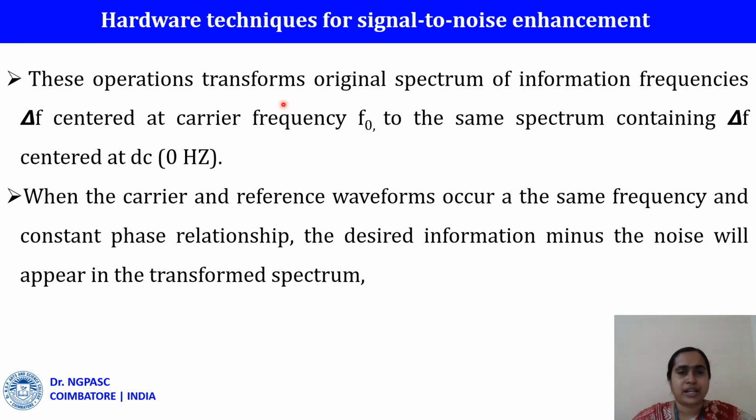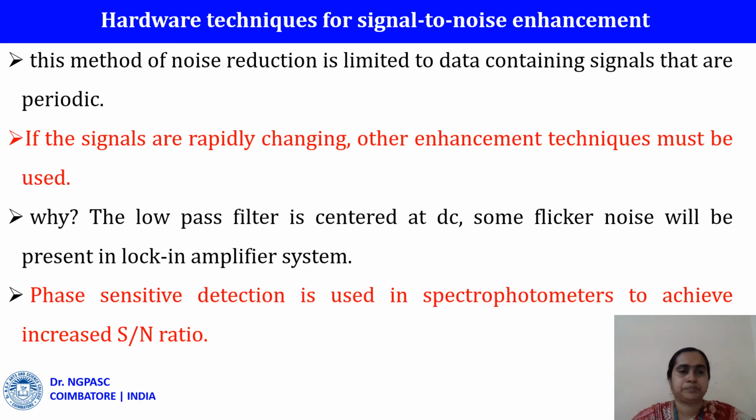These operations transform the original spectrum of information frequencies delta f, which is centered at carrier frequency f0, to the same spectra containing delta f, which is centered at the DC, which is 0 Hz. When the carrier and reference waveforms occur at the same frequency and constant phase relationship, the desired information minus the noise will appear in the transformed spectrum.